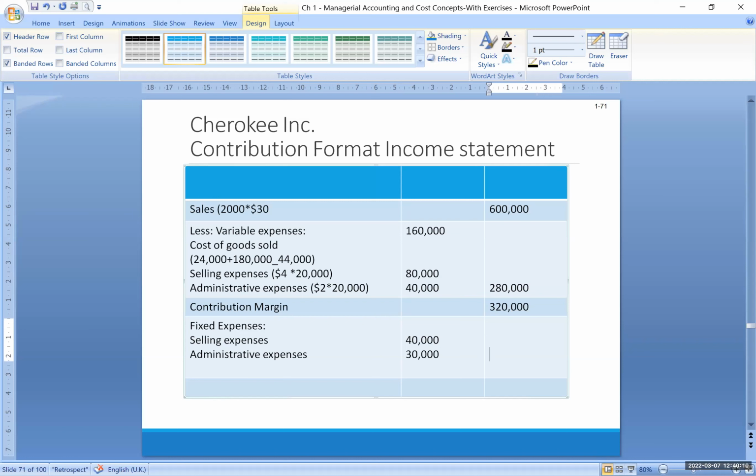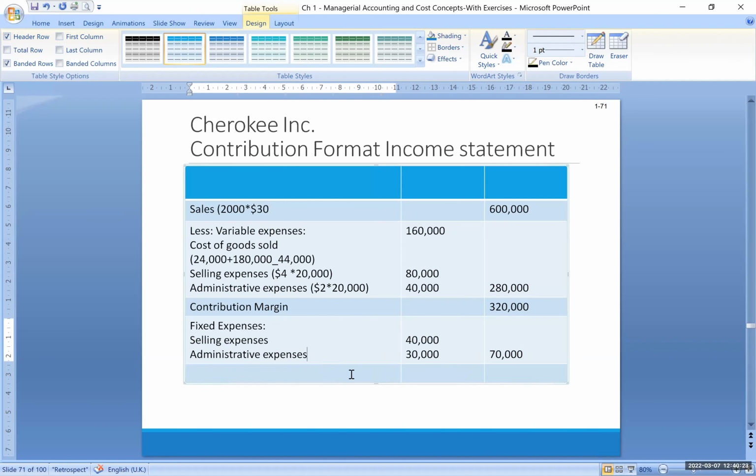So the total fixed expenses will be $70,000. The last step for preparing the income statement is to deduct the fixed cost total, 70,000, from the contribution margin total, and this is called net operating income. The answer will be $250,000.